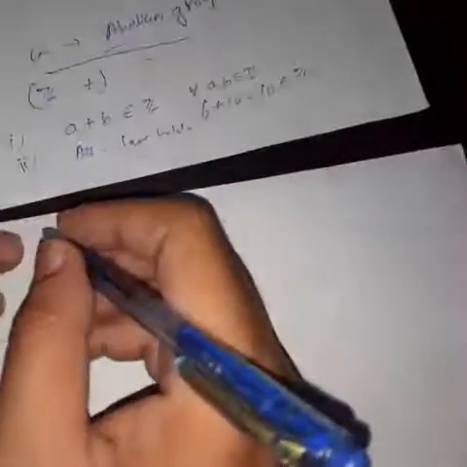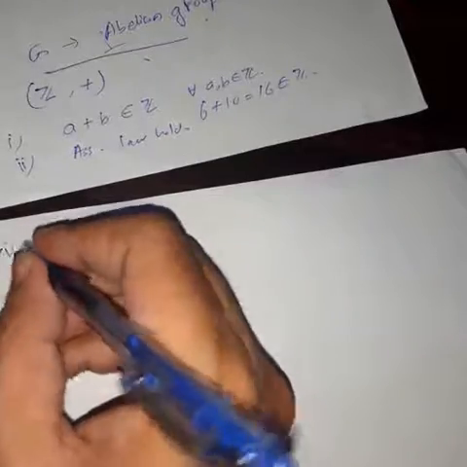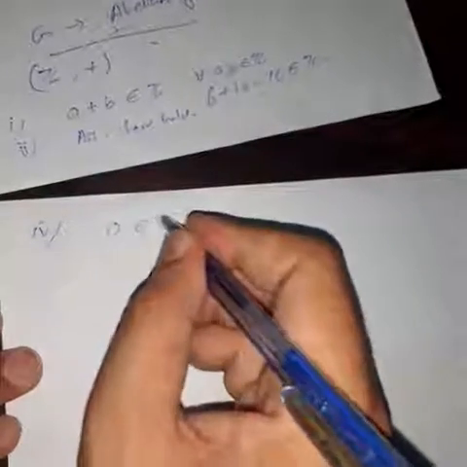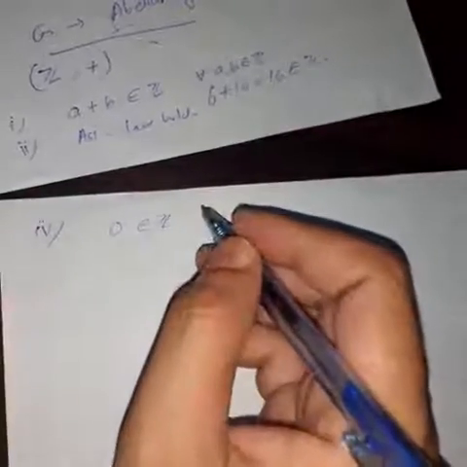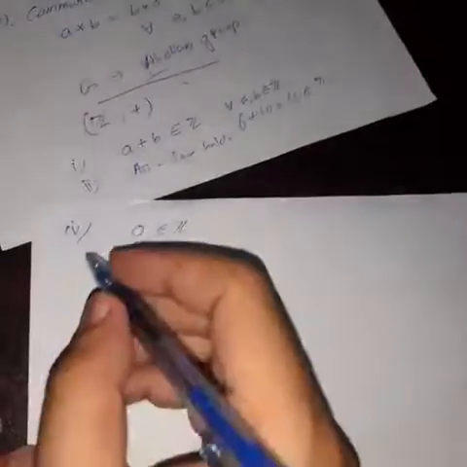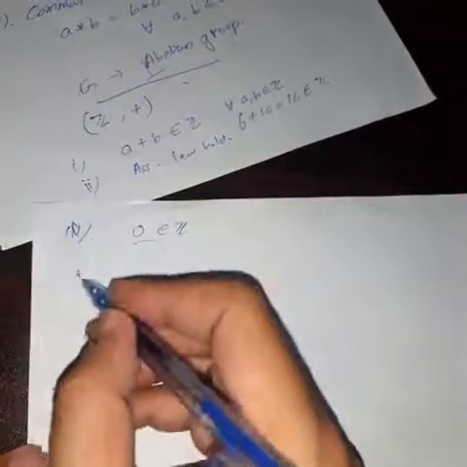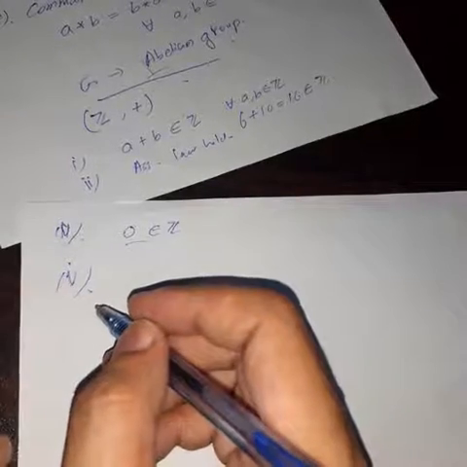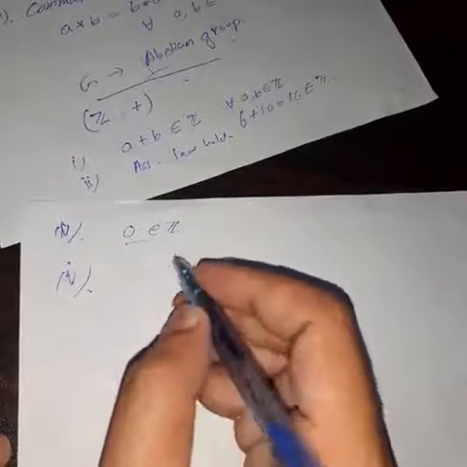Now the next property is the existence of the identity element. So 0 belongs to the integers, that is, the identity exists in integers. And the next property is the inverse. So the inverse of every element also exists in the integers.